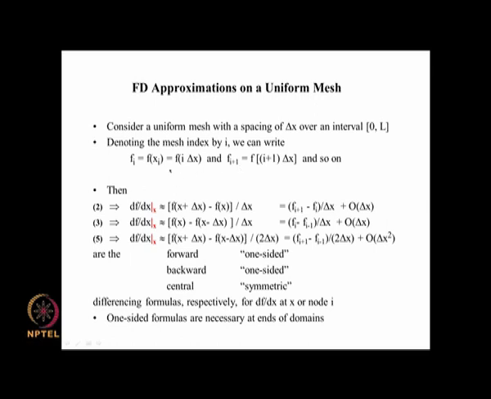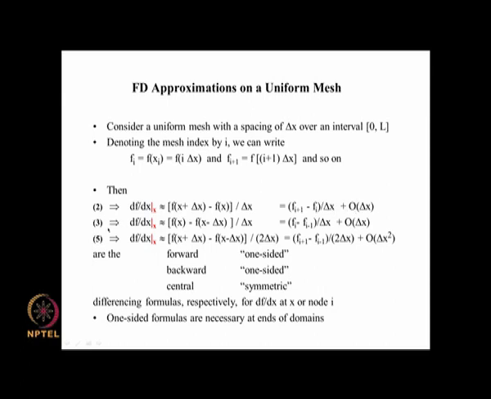So using this notation here, we can write the approximation that we got from equation 2, df by dx at x as f of x plus delta x minus f of x divided by delta x. Instead of that, we can write it as f subscript I plus 1 minus f subscript I divided by delta x plus terms of the order of delta x.